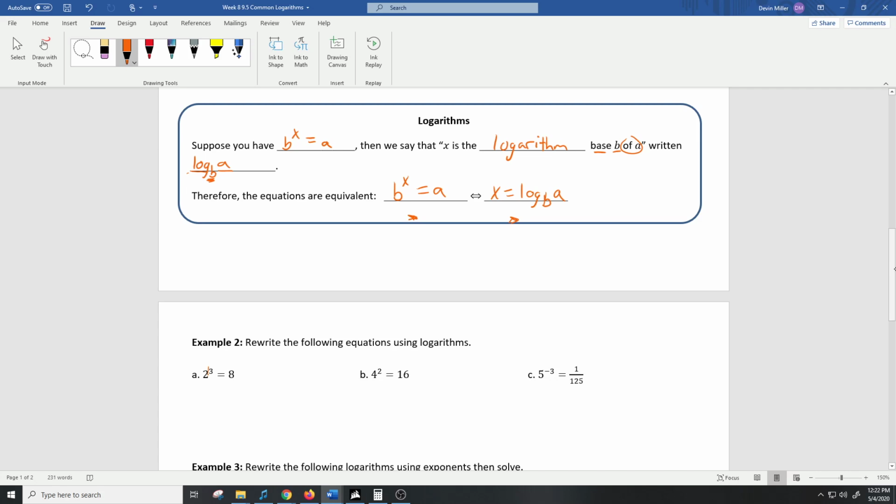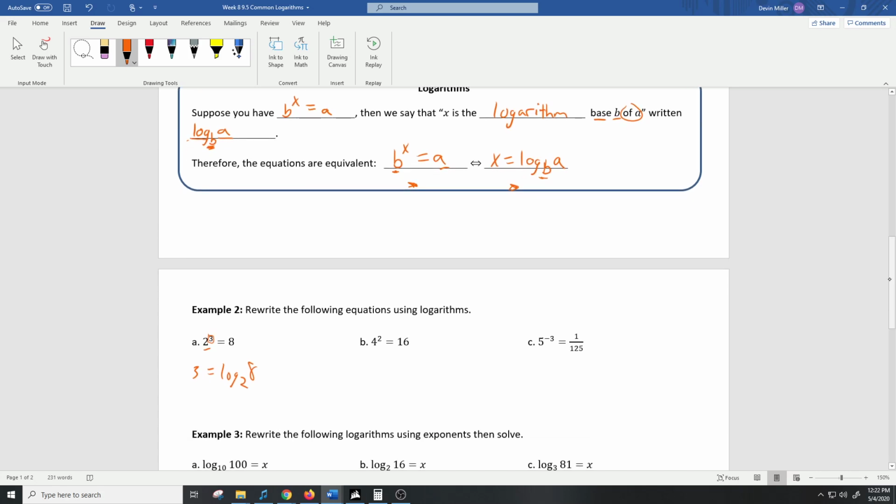We start with the exponent. 3 is equal to log base, what's the base? In this case, it's 2. And then the a on the other side here is 8. I know it looks weird, you're not really familiar with it, but we're just practicing how we're rewriting it.